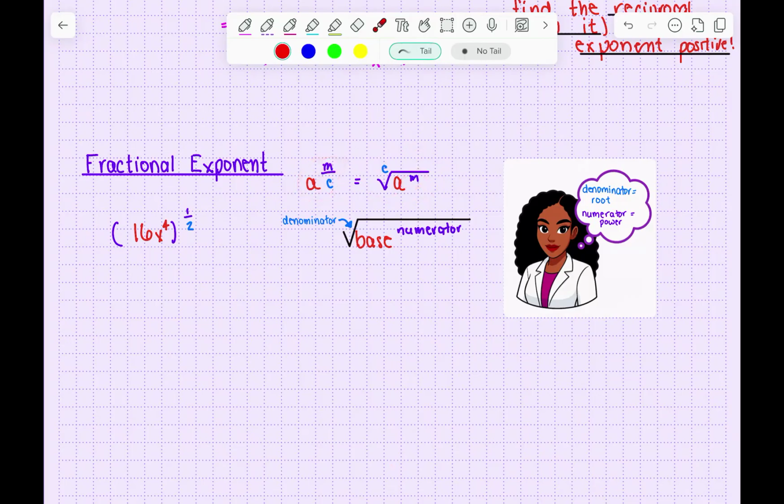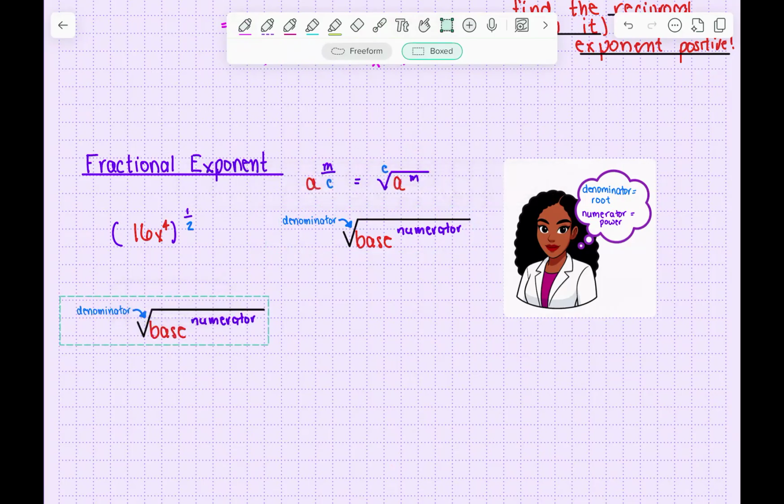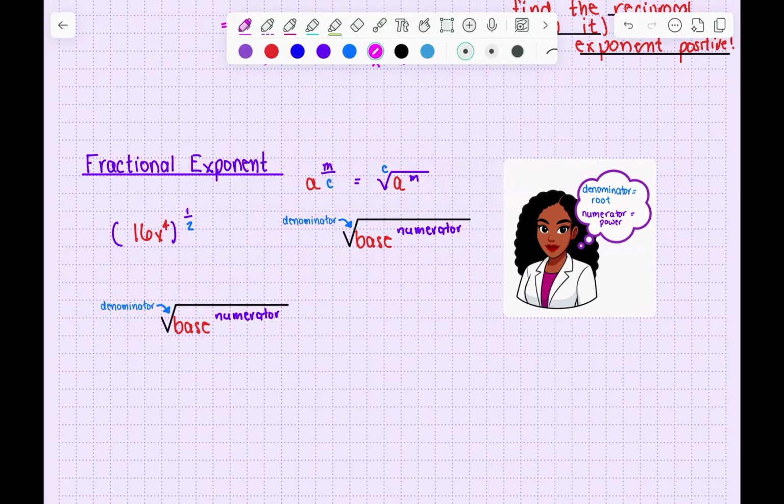So let's take a look at this example and just rearrange it how we're supposed to. I will copy and paste this, and let's rearrange. The denominator is 2, so that's going to go here. Remember, when you just have the square root sign alone, there's an imaginary 2, but for square root, that's the one that we do not write.